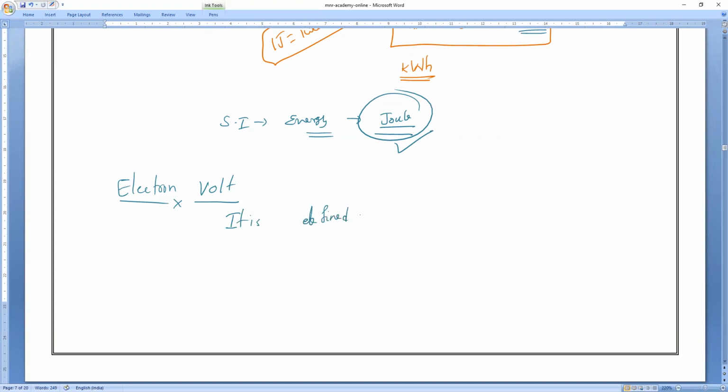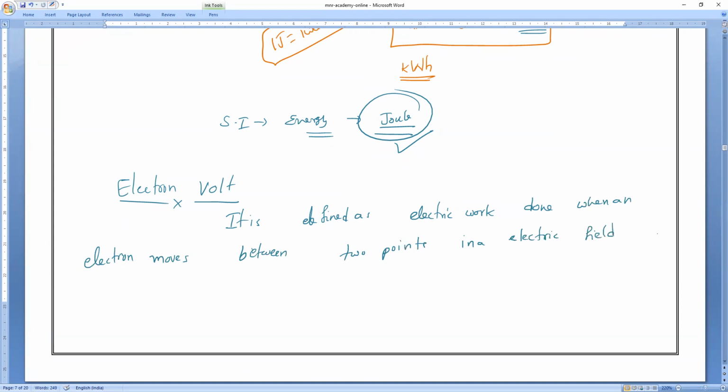It is defined as the electric work done when an electron moves between 2 points in an electric field.